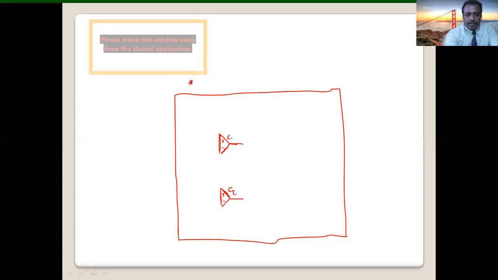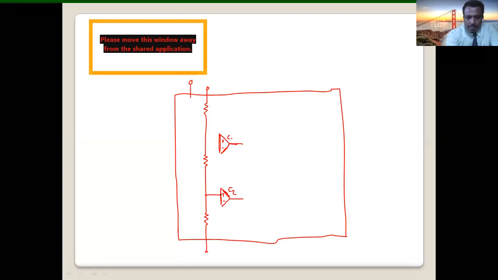Okay, now internally again, we have resistors R1, okay. So comparator C2, positive non-inverting terminal connected here.